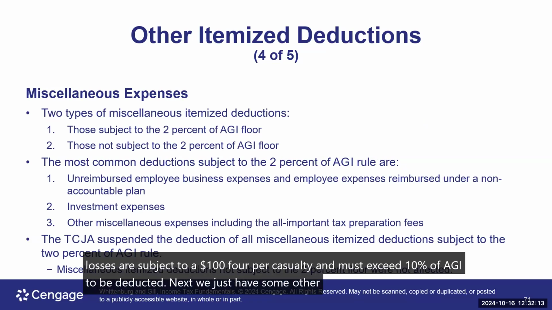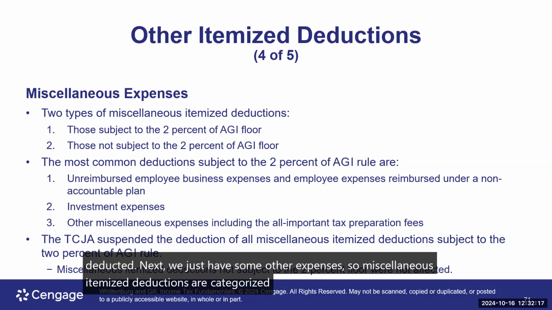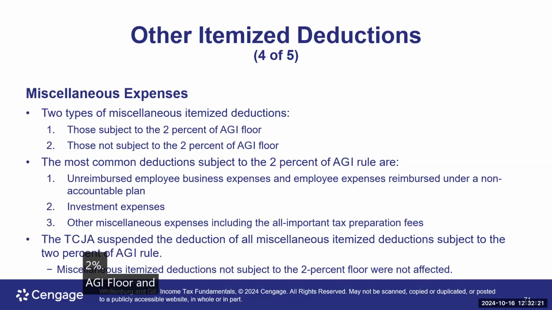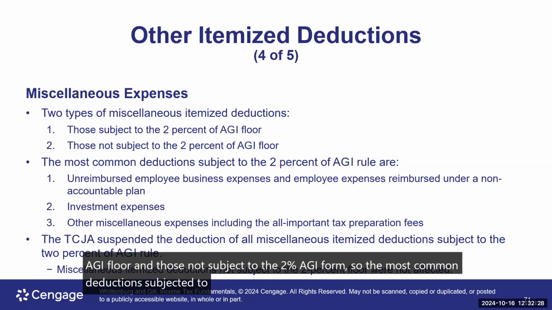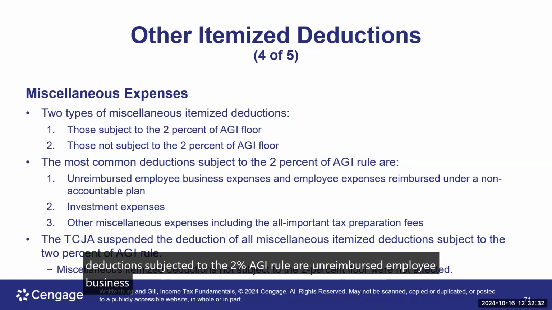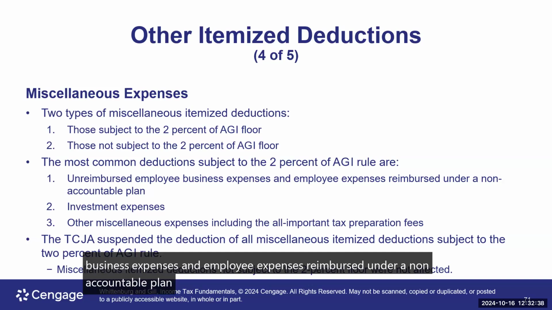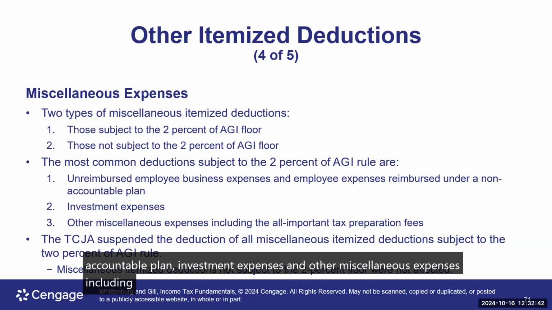Miscellaneous itemized deductions are categorized into two types: those subject to the 2% AGI floor and those not subject to the 2% AGI floor. The most common deductions subject to the 2% AGI rule are unreimbursed employee business expenses and employee expenses reimbursed under a non-accountable plan, investment expenses, and other miscellaneous expenses, including tax preparation fees.